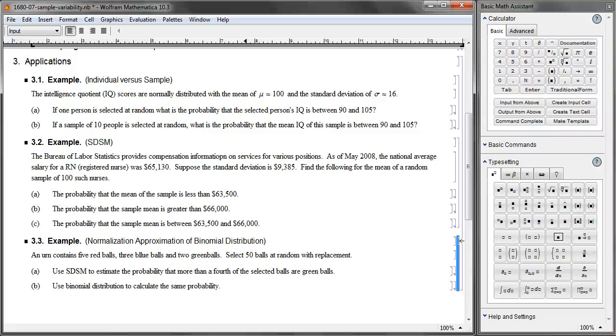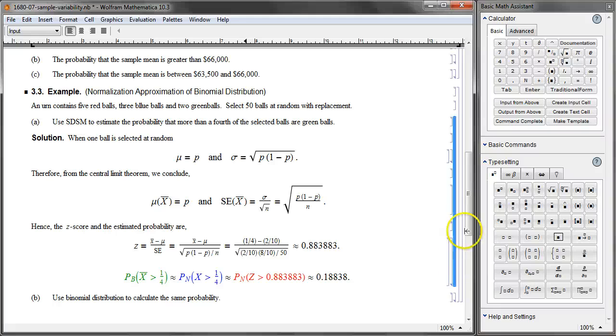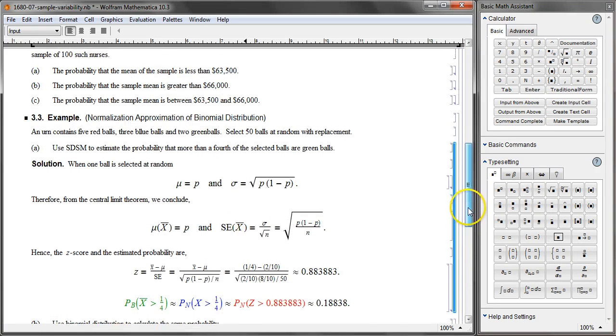This time let's go over to a normal approximation of the binomial, but this time let us use proportion. Let us use the average rather than the sum. And okay, here we go. When one ball is selected, here are the mean and the standard deviation formula, square root of p(1 minus p).